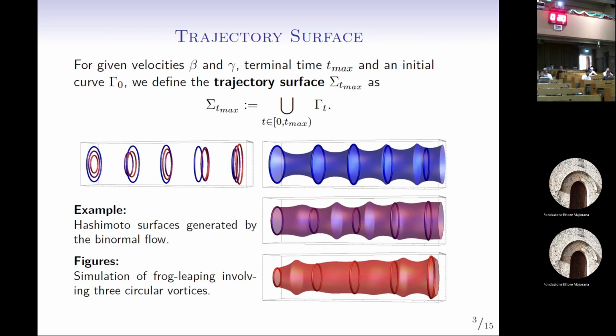And you can see on the right the surfaces that they generate. In general, some people are studying so-called Hashimoto surfaces, which are generated by this binormal flow. They have some nice properties that people in graphics like to use, for example.